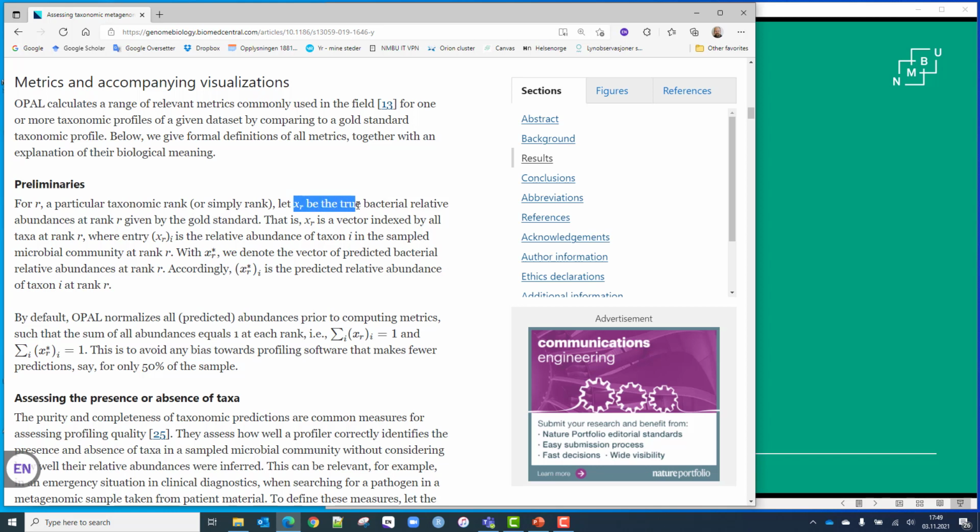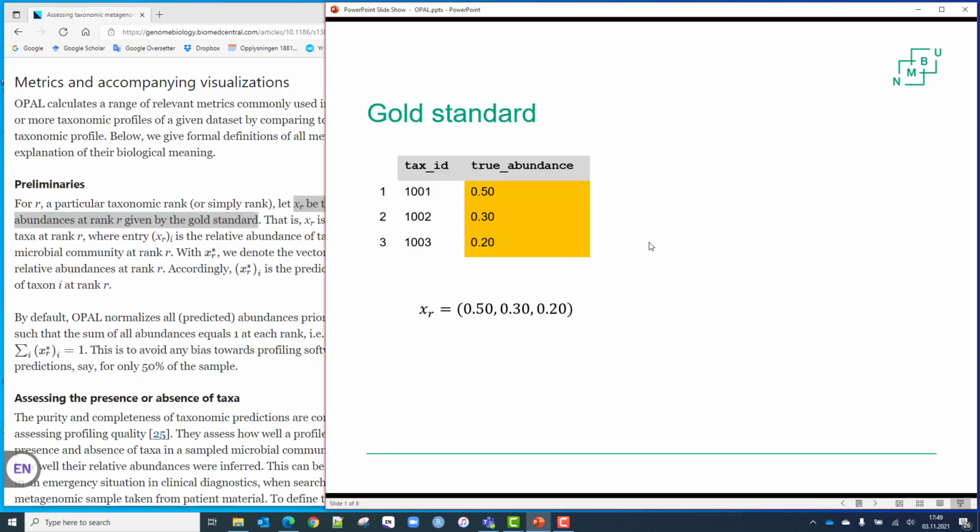Let XR be the true bacterial relative abundances at this rank given by the gold standard. So we need a gold standard, of course, right? It's impossible to know how well these profilers or these taxonomic classifications perform unless you have some truth to compare it to, right? We need a gold standard. So here I have a gold standard.